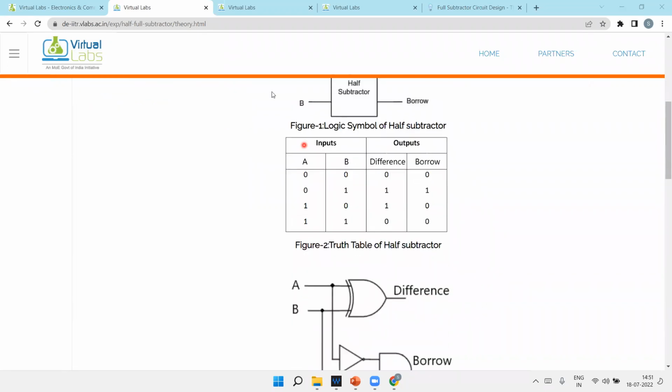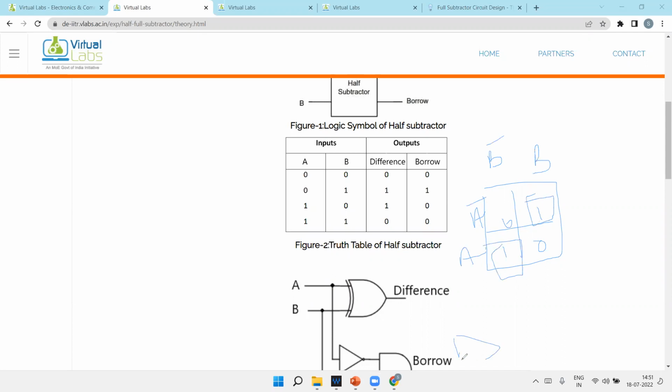Now for the equation part, what we have to do? We have to solve the equation by the K map. Now for difference, this is A, this is B. The values are 0, 1, 1, 0. This is A bar, A. This is B bar, B. So there is no pairing; it is A bar B, then A B bar.